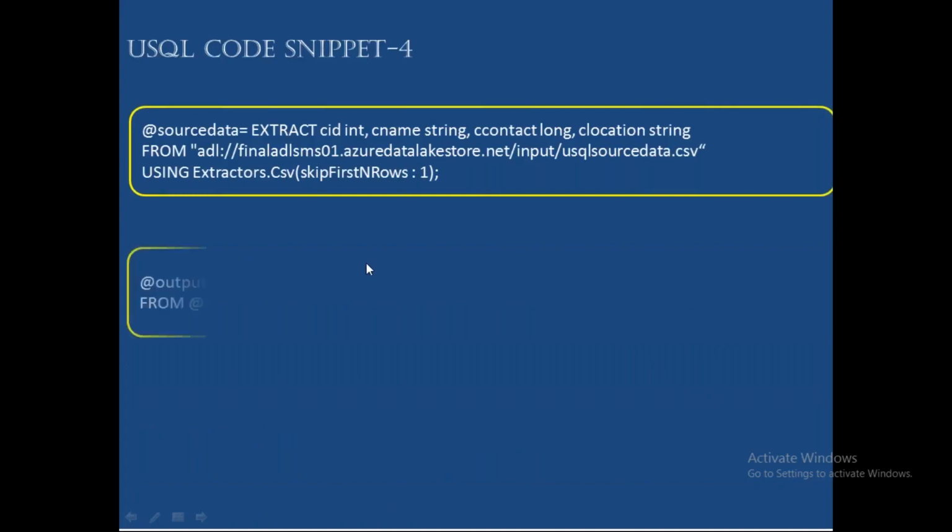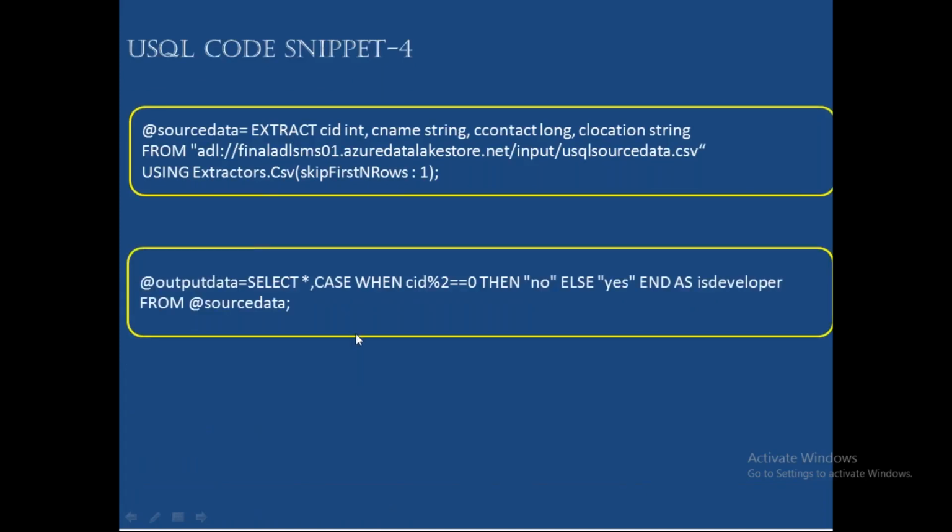Next, read the data. This time I'm applying a case statement. You know case statement. Case when CID modulo 2 equal to 0, meaning if the customer ID is even number, then he is not a developer. See, CID. I want to identify whether this person is a developer or not.